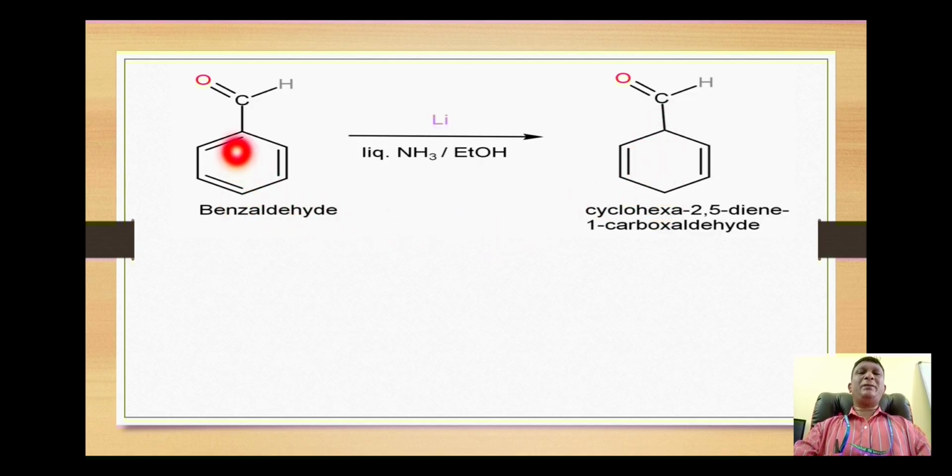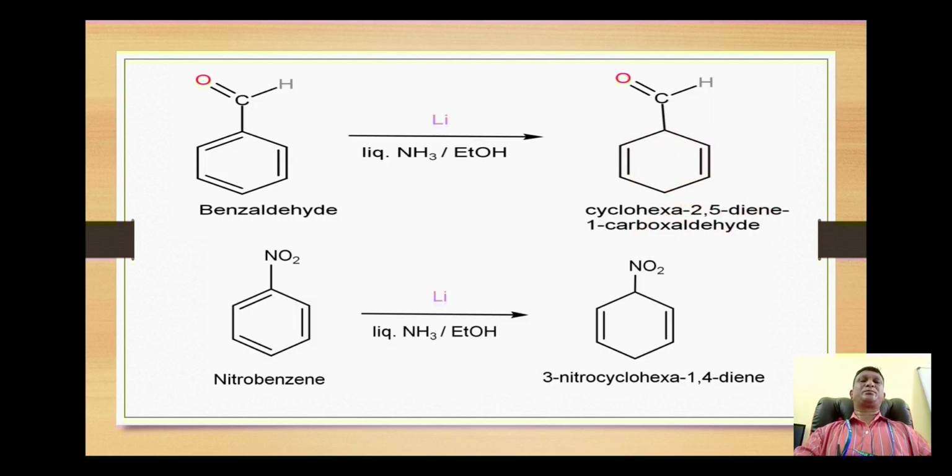So ultimately when this carbon and this carbon undergo reduction, these two double bonds will be broken down and new double bond will be formed over the second and the third position over here. So it will give the formation of this cyclohexa 2,5-diene 1-carbaldehyde.